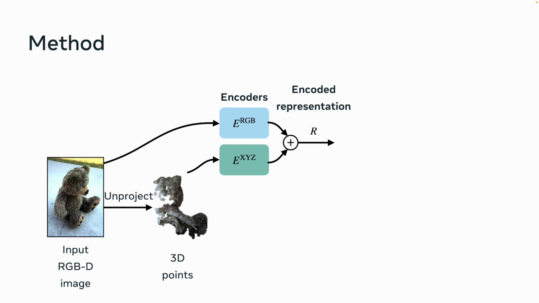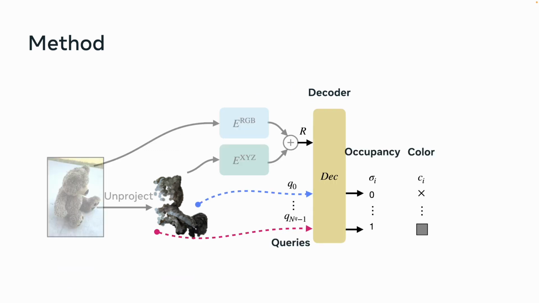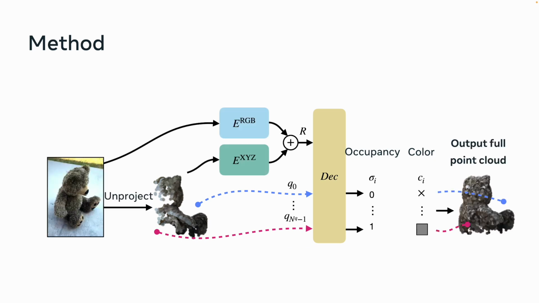The outputs of these encoders are then fused together to form an encoded representation R. A decoder then inputs a set of input query points along with R and predicts its occupancy probability and the RGB color. Finally, the set of occupied colored points forms our final reconstruction.